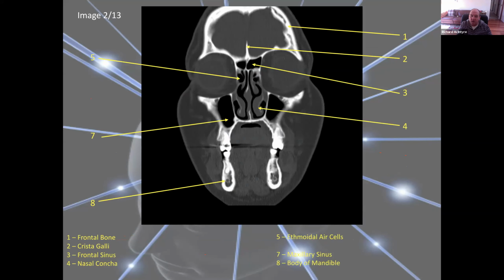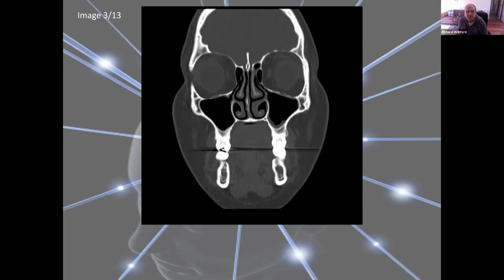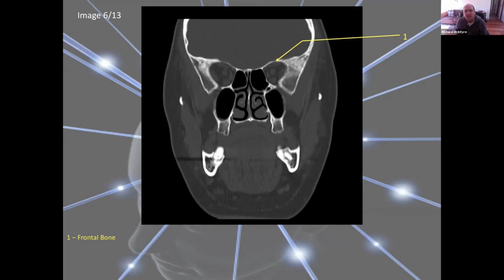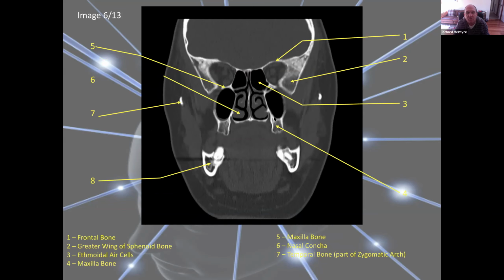Again, it's demonstrated pretty much the same, well, it is the same bones that we've looked at in the other planes, but the coronal is a very useful plane that they use in CT to demonstrate the frontal sinuses. You can see there the nasal concha, okay.